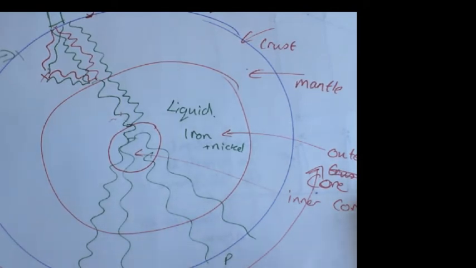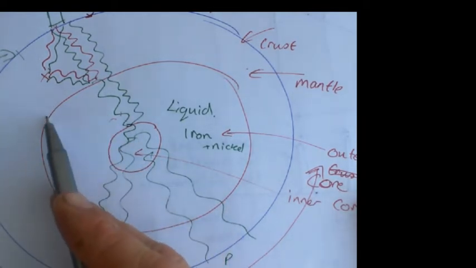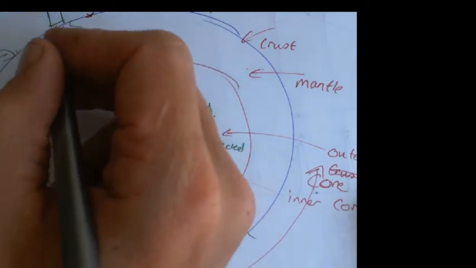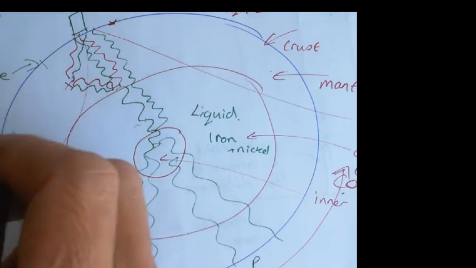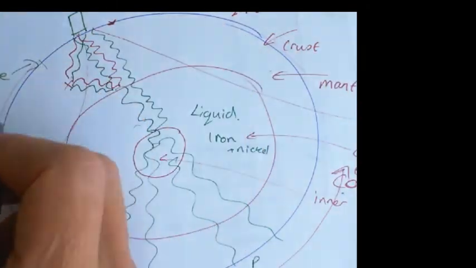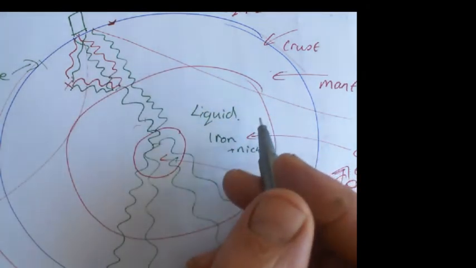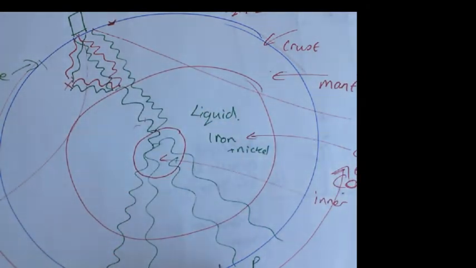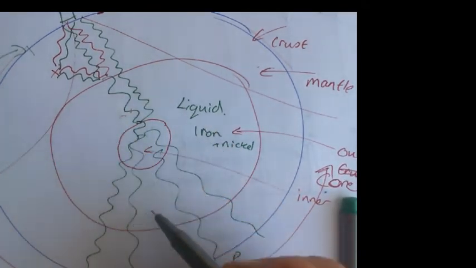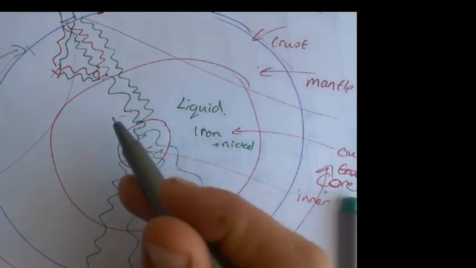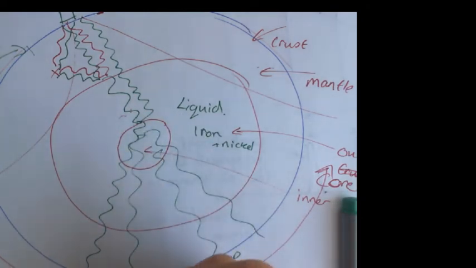And that's because the outer core, sorry, is given a complete shadow. So from this region, that region there is the only bit that receives S waves, whereas in this area here it doesn't receive any S waves at all because they can't get through this liquid iron and nickel outer core, so they're completely absorbed by that.